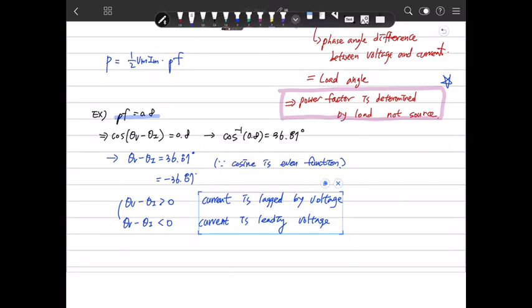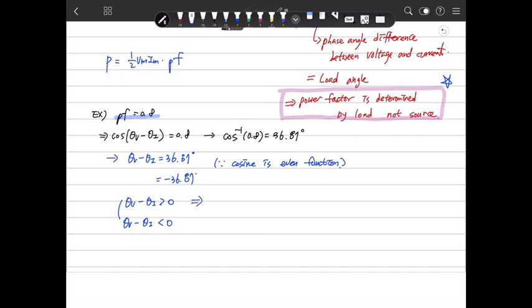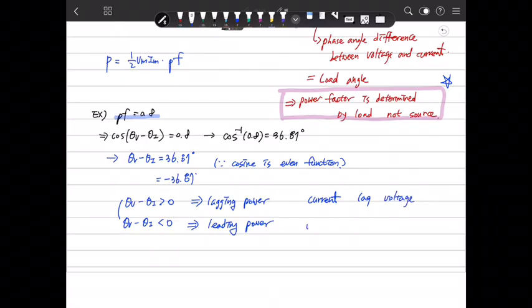I will come back to this later. Exactly, this can be represented as lagging power, and this is leading power. In the lagging case the current lags the voltage, and in the leading case the current leads the voltage. The words lagging power and leading power are important.